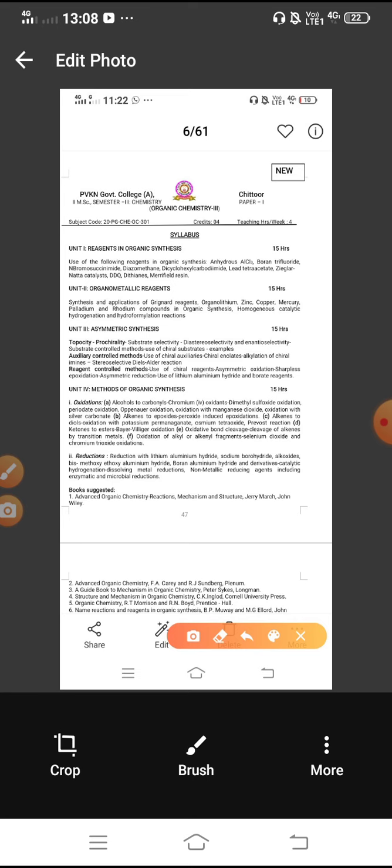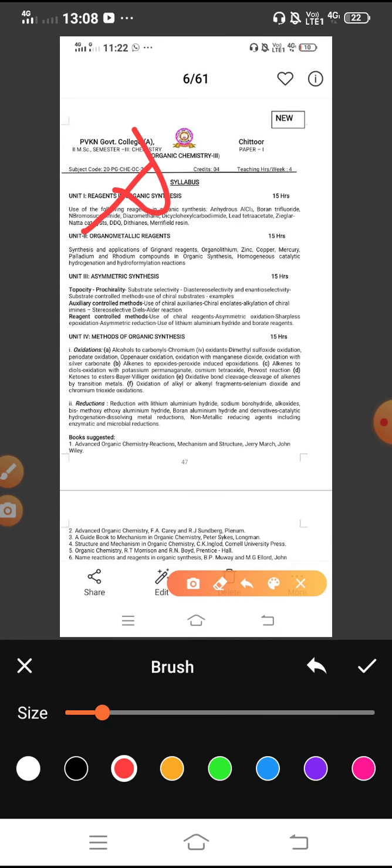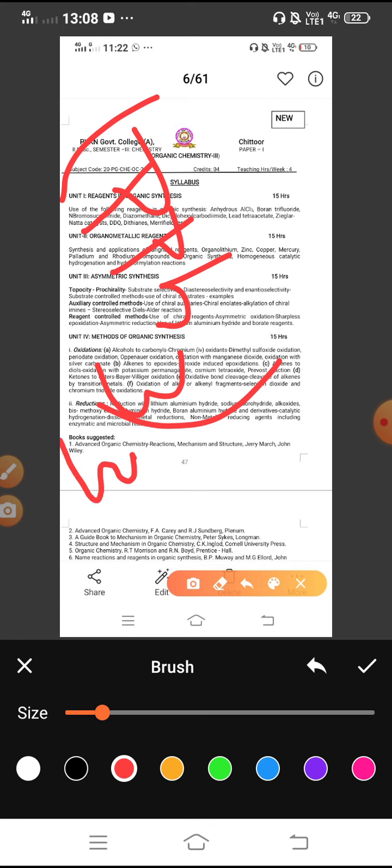Next, catalytic hydrogenation. In catalytic hydrogenation, a very important reagent is the Wilkinson catalyst: tris(triphenylphosphine)rhodium chloride, with PPh3. The 3 means tris, triphenylphosphine, rhodium chloride, which is called the Wilkinson catalyst.